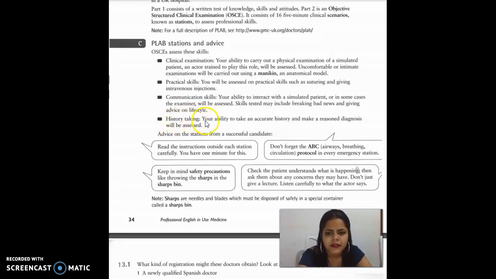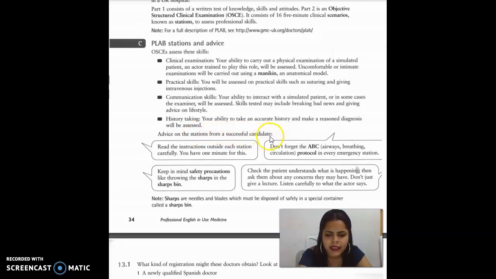History taking: your ability to take an accurate history and make a reasonable diagnosis will be assessed.